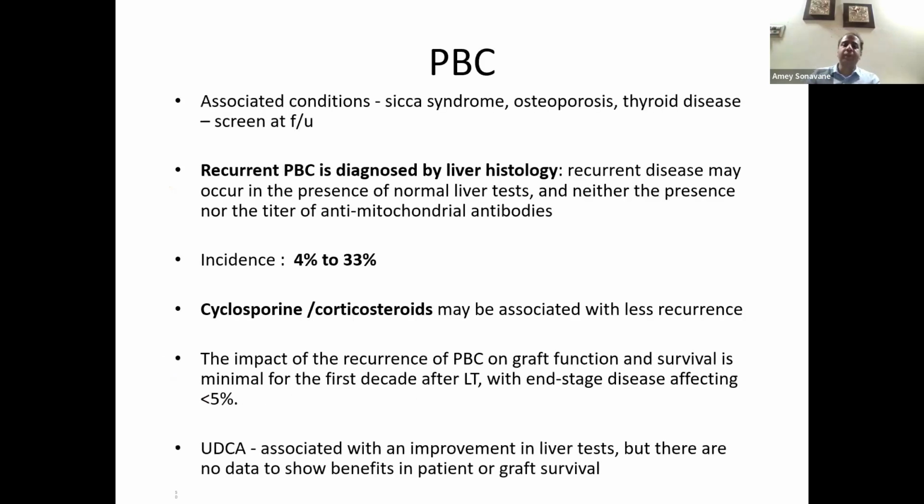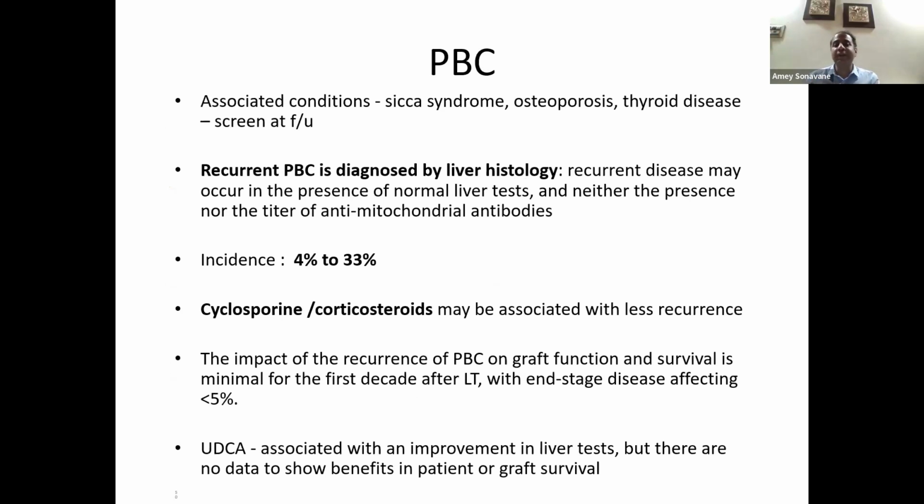badly decompensated. Primary biliary cholangitis: the incidence of developing the same disease again post-transplant is around 4 to 33%. We know that putting these patients on low-dose corticosteroids or cyclosporin is associated with less recurrence. Diagnosis is only by liver histology.